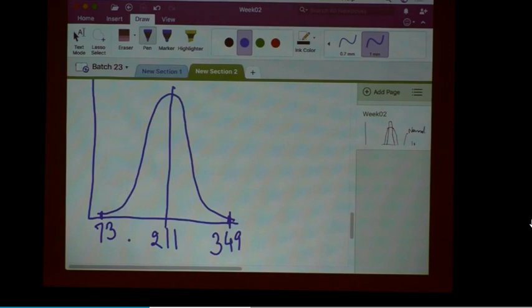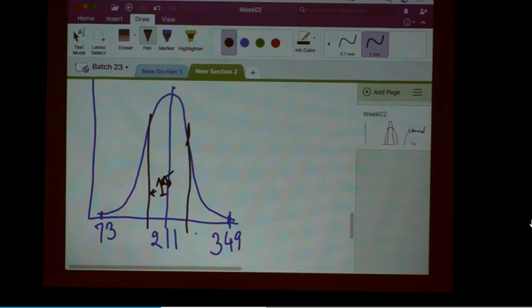So this is what my population distribution looks like. Serum cholesterol level is ranging from 73 to 349. 68% of the values will be within plus or minus 46. So this is 1 sigma.